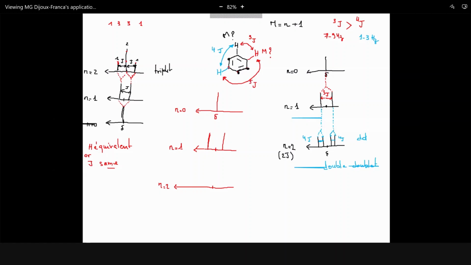In an aromatic ring, it is called J para. J3 is ortho. J4 is the meta coupling. And the J5 is again smaller than the J4, and it's less than 1 hertz, usually less than 2 hertz.